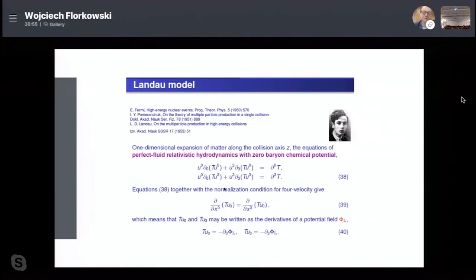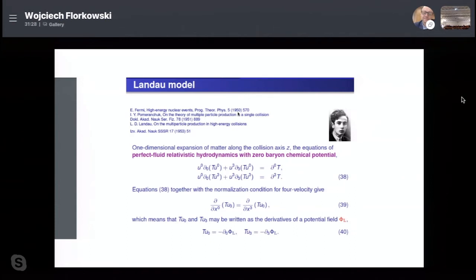It would correspond to this regime of full stopping. Landau assumed that, actually he studied not nuclear collisions, he studied proton-proton collisions in the 1950s. So if people say that only now people use hydro to describe proton-proton collisions, they make an error, because actually Landau was the first, I think, who was brave enough to use hydrodynamics to describe proton-proton collisions in the 1950s.